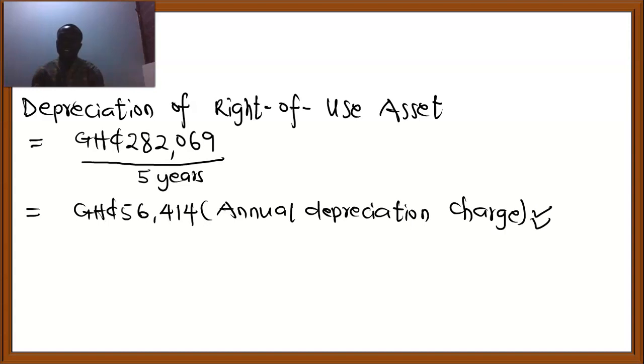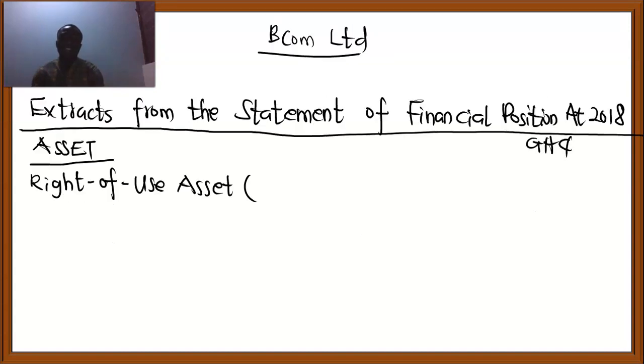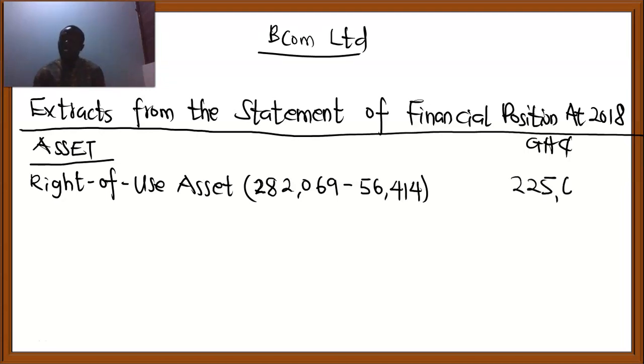So we net off the two amounts to determine the carrying amount. So we have an amount of 282,069. Then we less the depreciation charge of 56,414 from it. And that gives us a carrying amount of 225,655.